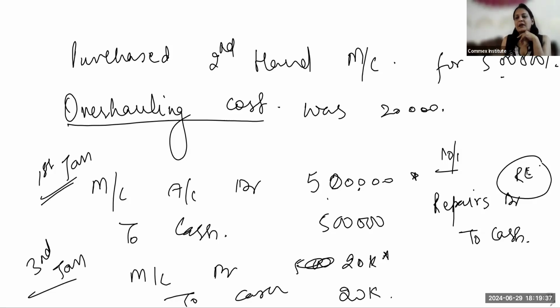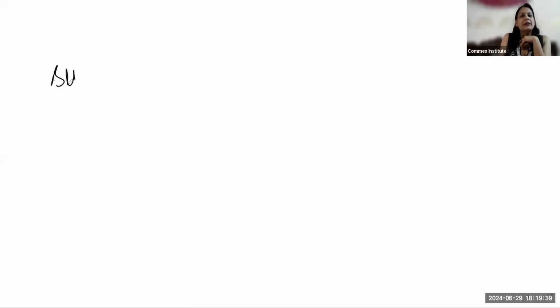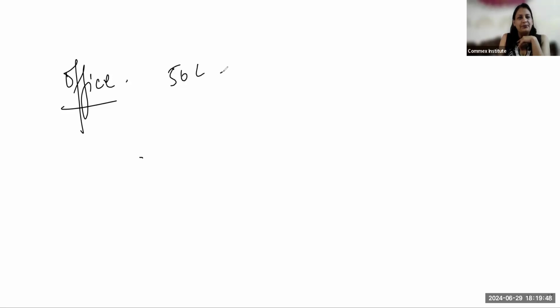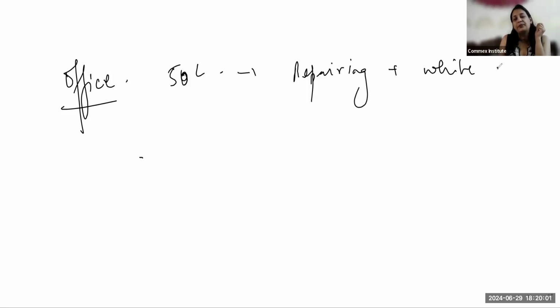Suppose I buy a building, or I buy an office, not a building. Say I buy an office for say 50 lakh rupees. Now that office is in a bad shape and I have to get the repairing work done. I have to get the whitewash done.